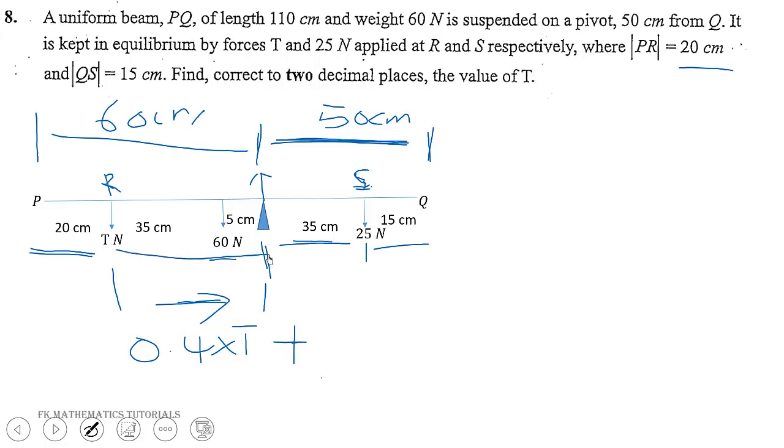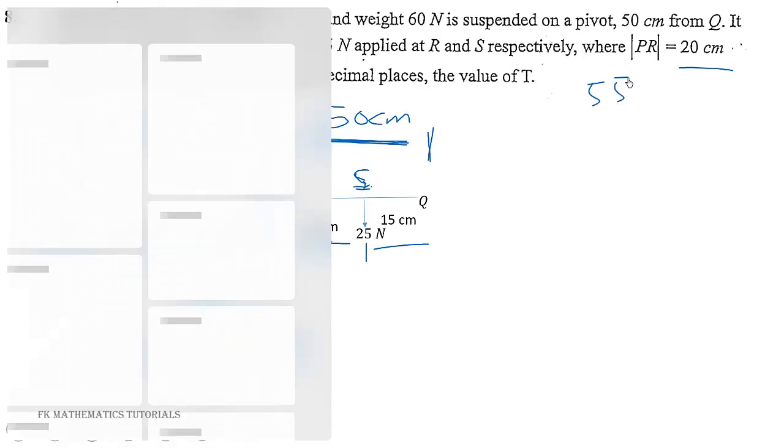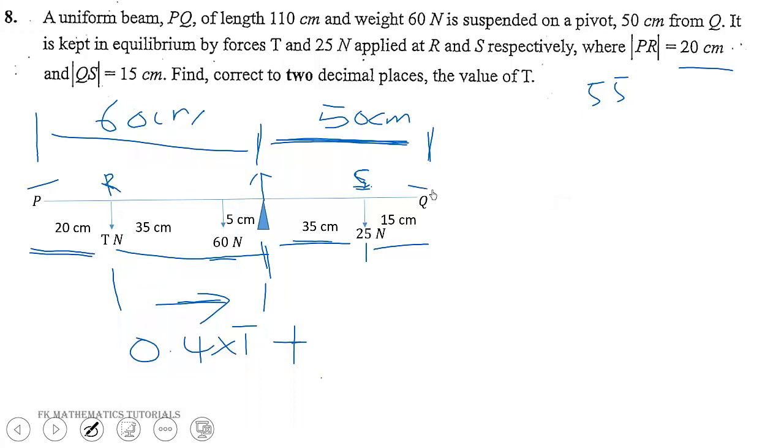Then also from the center of the beam, which is where the weight acts, to the pivot should give us 5 centimeters, because the center is 55 centimeters from either of the points P and Q. So if from here to here is 50, then from this point to the pivot is 5 centimeters.